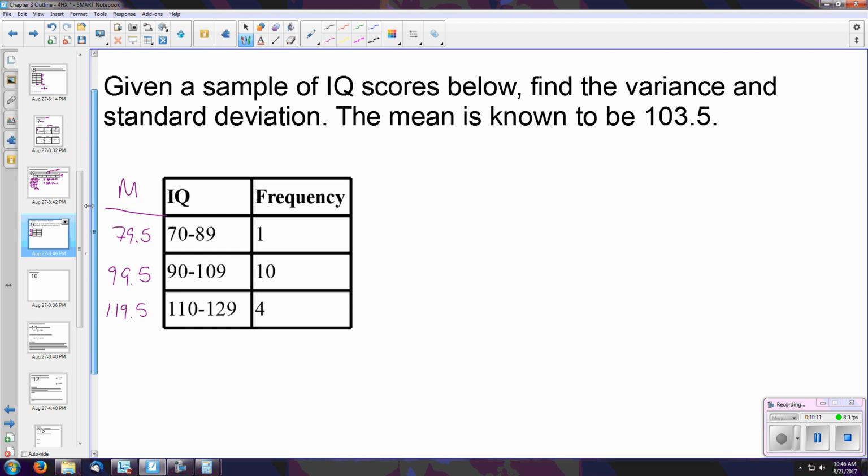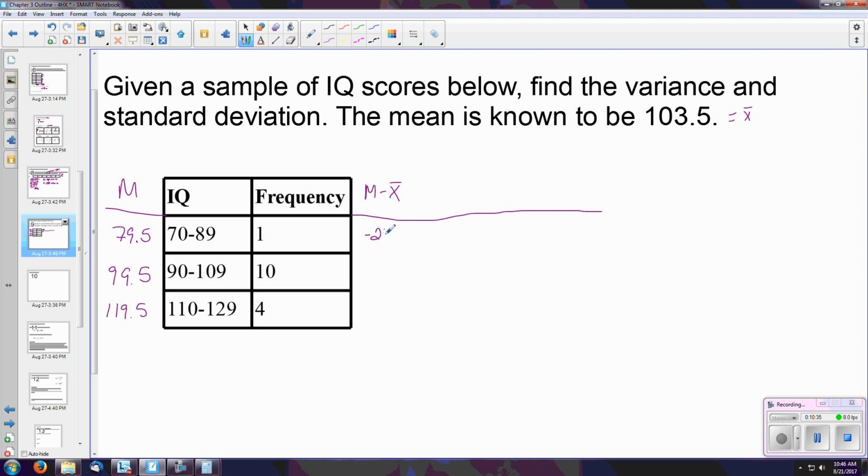So let's go through and work out this problem. After I find my midpoints, I'm going to first create a column for each midpoint minus the sample mean. Up here, they've already told us that our sample mean is equal to 103.5. So first things first, take each midpoint and subtract 103.5.